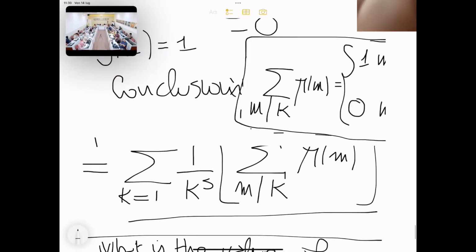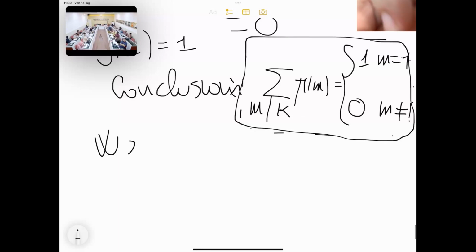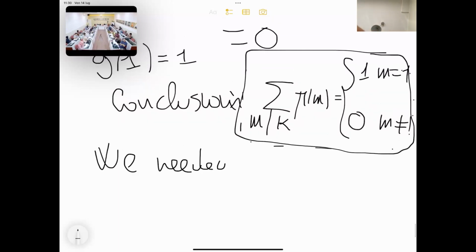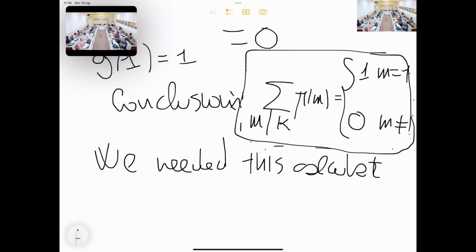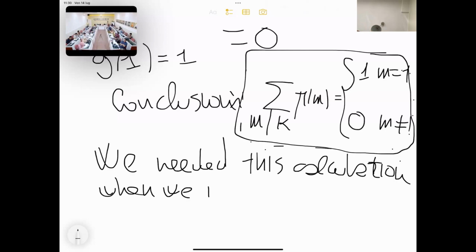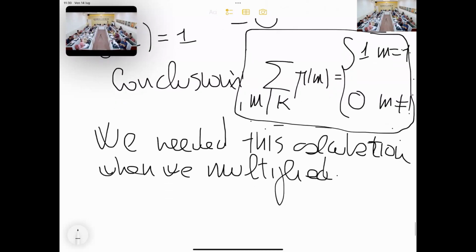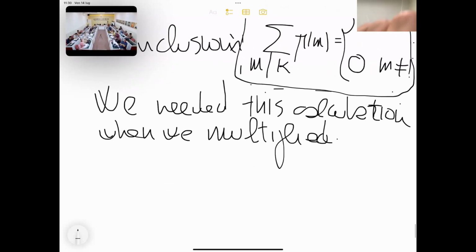We needed this calculation when we multiplied zeta of s times f of s.